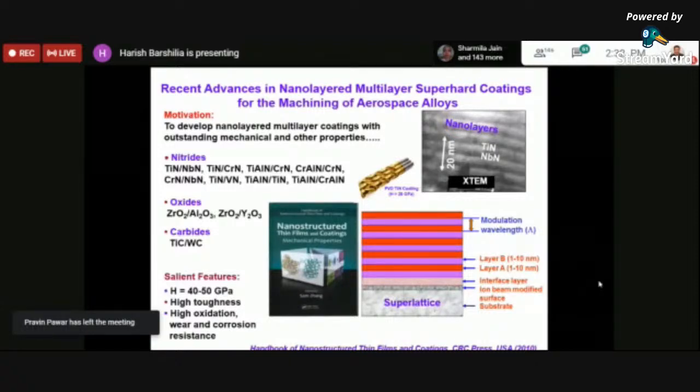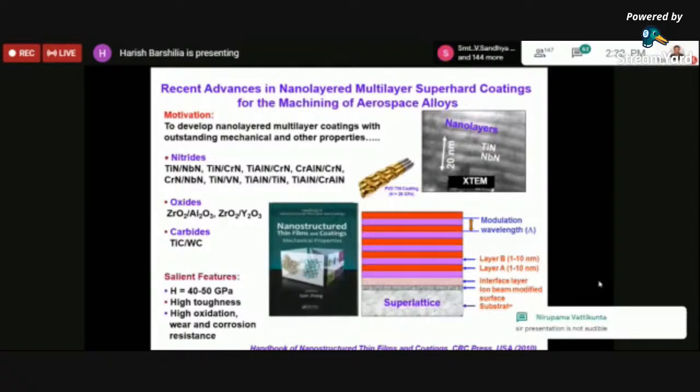Tungsten carbide can work up to some extent, but with HSS it is next to impossible, because the cutting edges and other features of the tool will get blunt in no time.